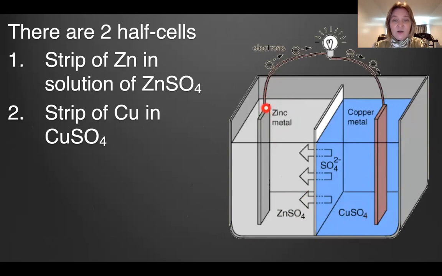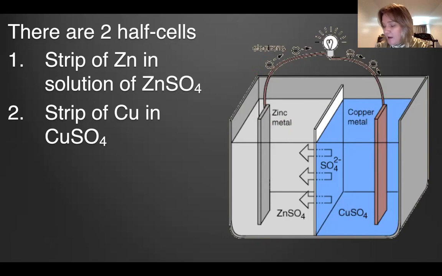So electrons are going to move from zinc to copper because copper has a higher reduction potential, and zinc has a tendency to be oxidized, so it's going to lose electrons to copper, which means the electrons are going to combine with the copper ion here.